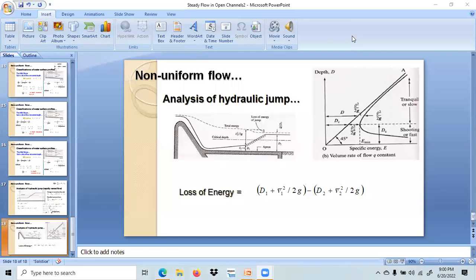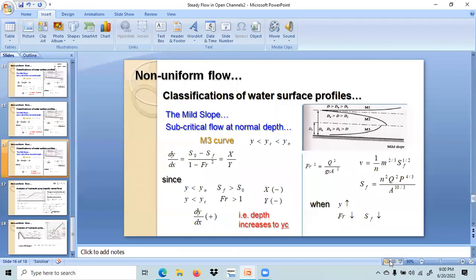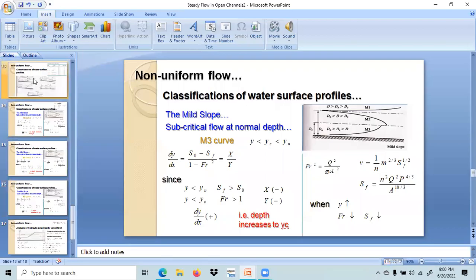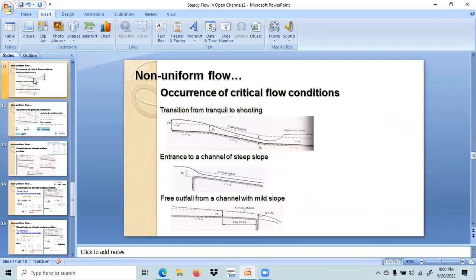Sir, excuse me. There is a critical line on the slide above. Which one? The last slide or what? No, sir, maybe two or three slides before the last slide. Is it this one? Sir, that is a critical line. This one? Right, this one.